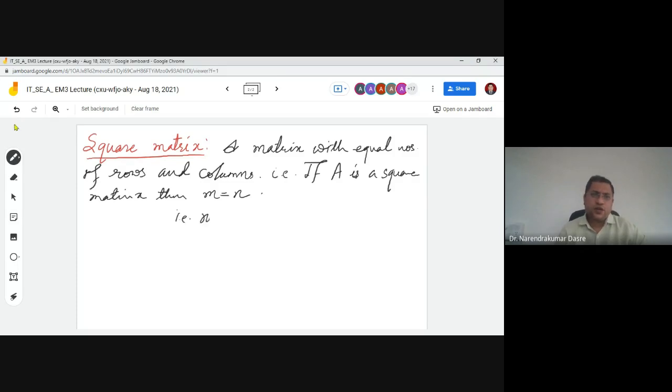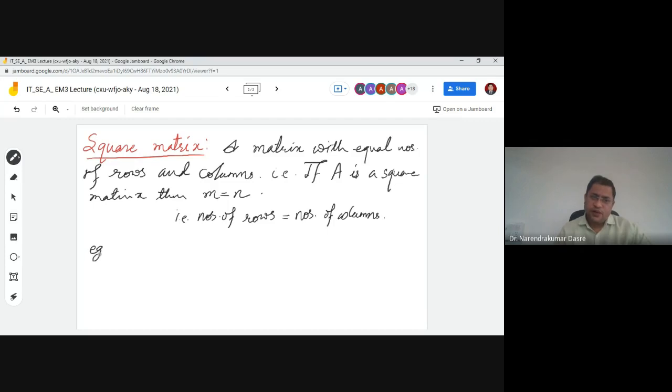So we have number of rows equal to number of columns, right?